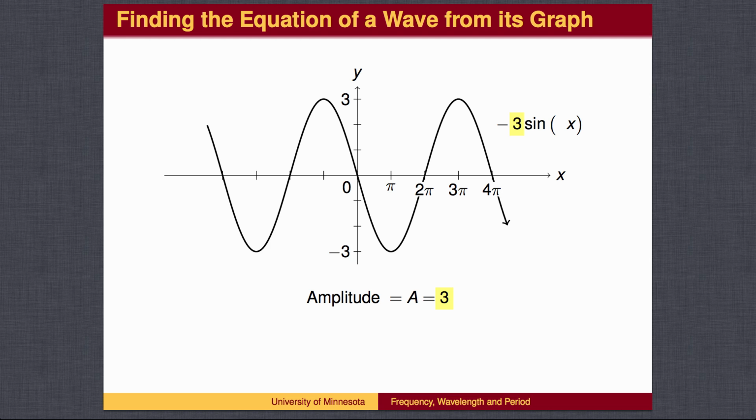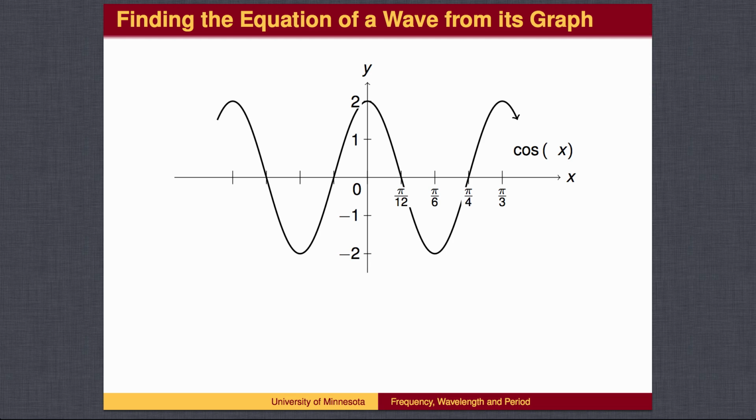The graph completes its first full wave at 4 pi, so the period is 4 pi. Thus, 4 pi is 2 pi over b, making b equal to 1/2. The equation of the graph is y equals -3 times the sine of 1/2 x.